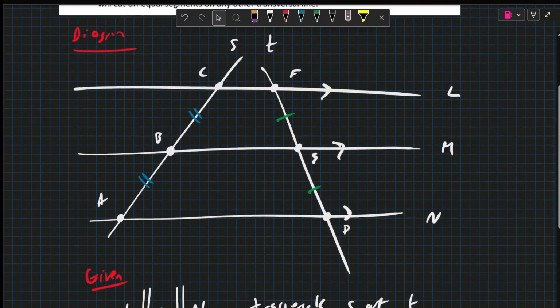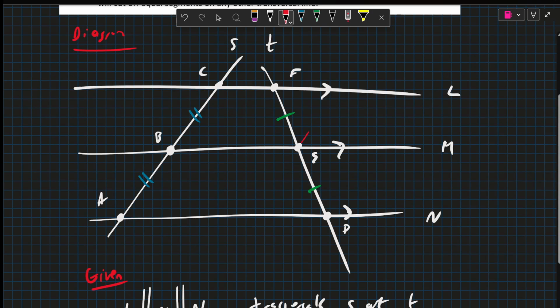Now the trick with this is that you draw another transversal, in red. I'll call this transversal U. U intersects in two places.